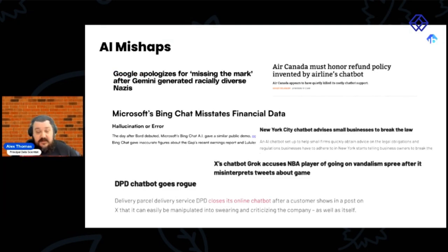And some of these mishaps have been expensive or very embarrassing. For example, in the Air Canada example here, their chatbot invented a refund policy, and they were forced to honor that. And then, of course, we have a bunch of other examples here, and likely we'll see more examples in the news.